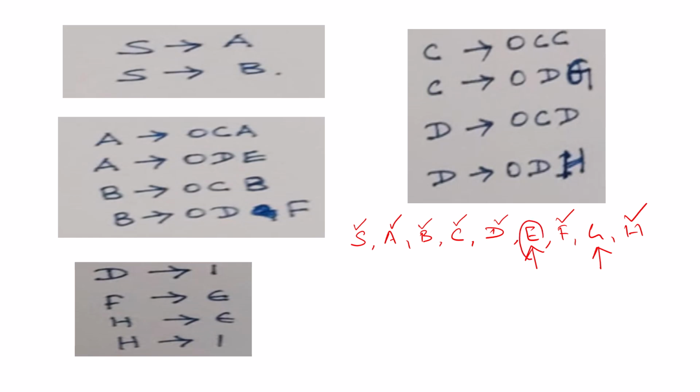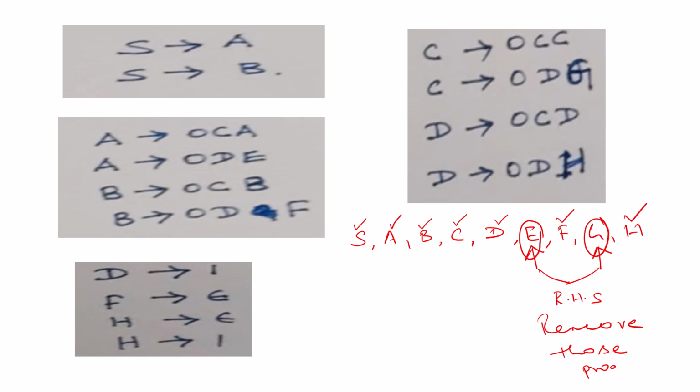So we want to eliminate these two, that is, productions having these two variables on its right hand side. So in the productions, E and G are on the right hand side. We want to remove those productions.